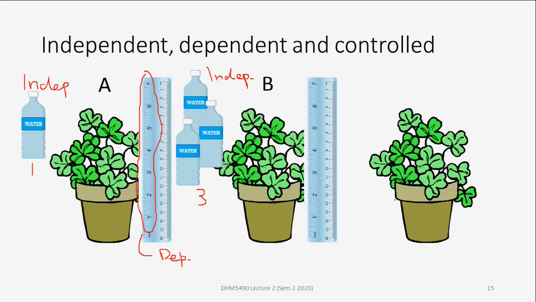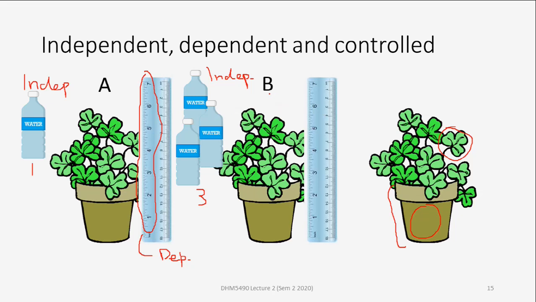Therefore, for the pot and the soil within and the plant species, these three variables will be the same for both set A and set B.